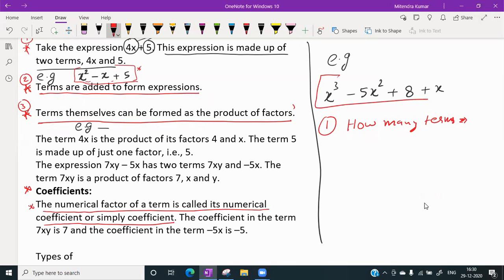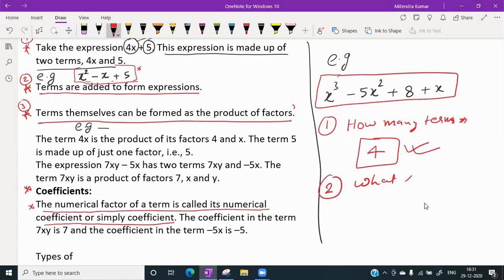Second question. What is the coefficient of the term minus 5x square? Minus 5. Sir, only minus 5, right? Yes, minus 5 only.